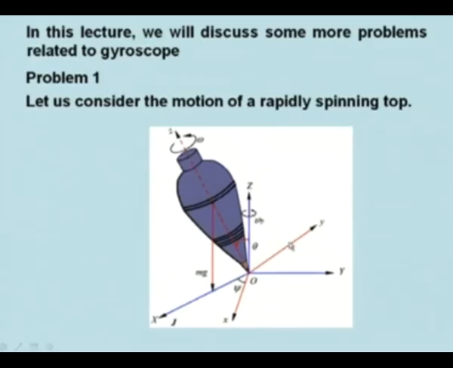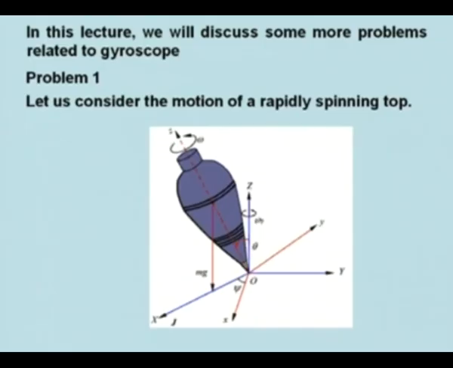Then you have got the fixed axis system X, Y and Z. At any point of time, this small z axis, which is attached to the spin axis of the top, is making an angle theta with the capital Z axis, and in the plane perpendicular to that, the body axes x, y are making angle psi.